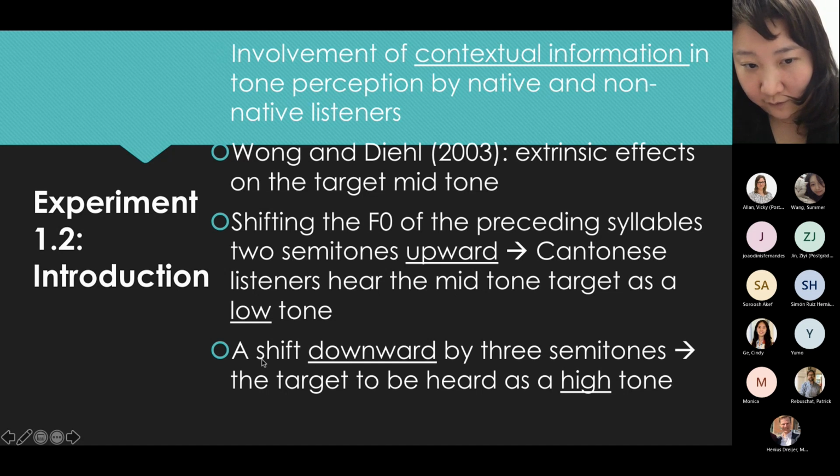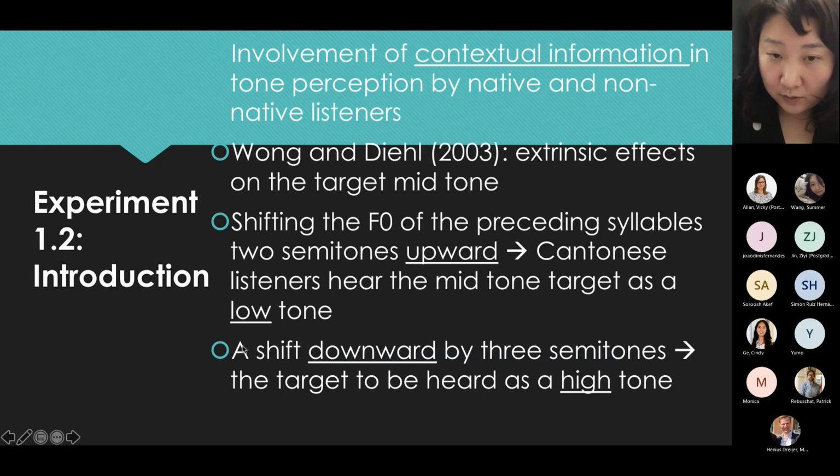And similarly, if you shift downward by 3 semitones, then the target tends to be heard as a high tone. So that means if you change the environment, the contextual information, the syllables surrounding the targets, then your judgment will also change.